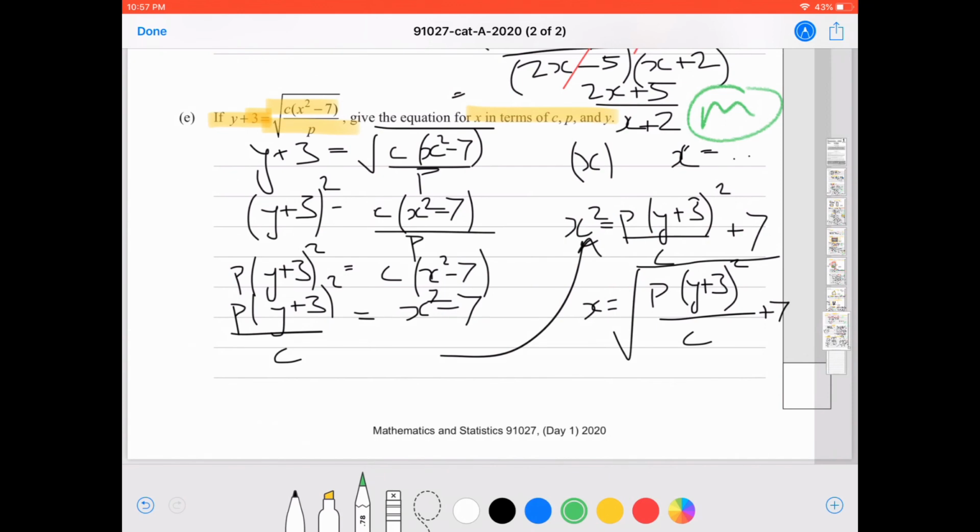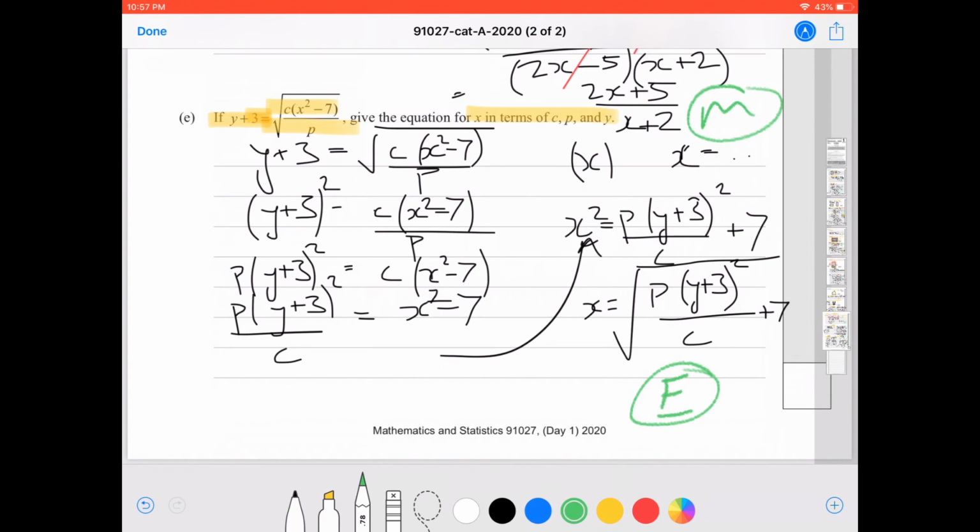Correct rearrangement gets you the excellence grade here. Your merit is you've rearranged the square root and rearranged the squared or the p and the c or the negative 7.